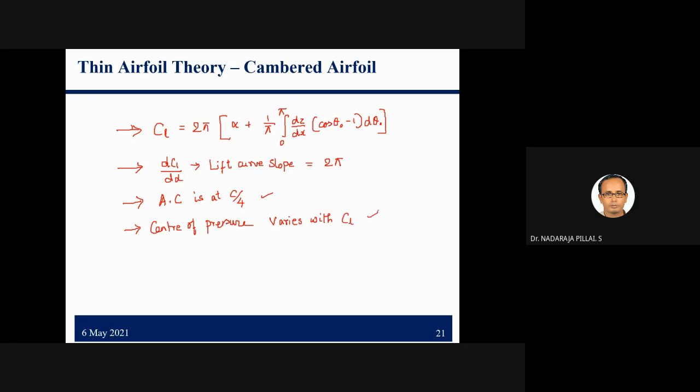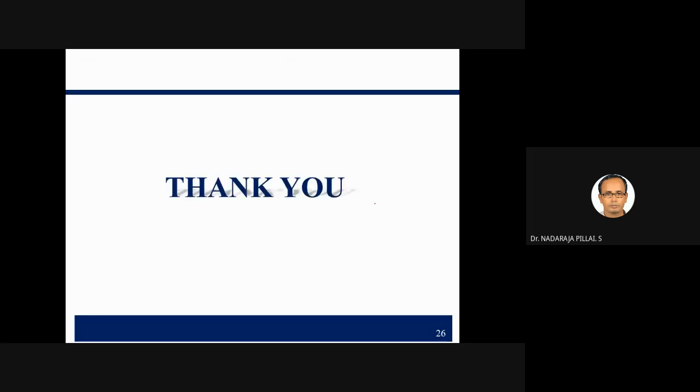So verify this third and the fourth point. Like we have already derived the moment. So calculate the moment coefficient about the quarter chord point, right? And then calculate the center of pressure and come to the conclusion of the third and the fourth point. So with this information, I conclude today's lecture for the cambered airfoil, right? Thank you very much.